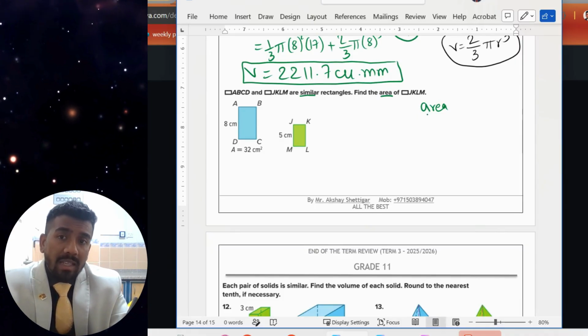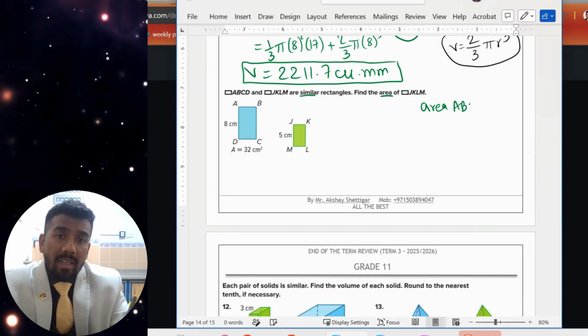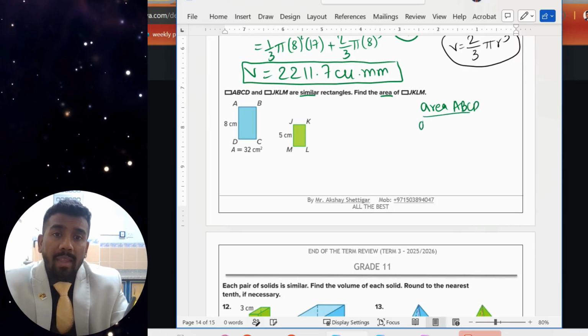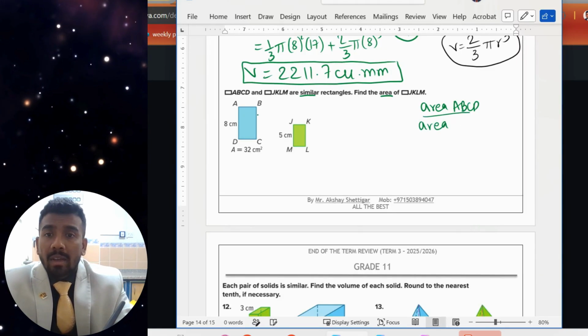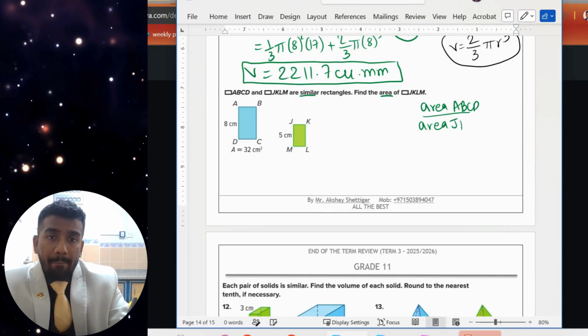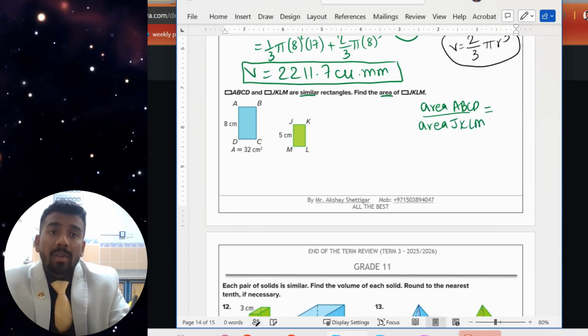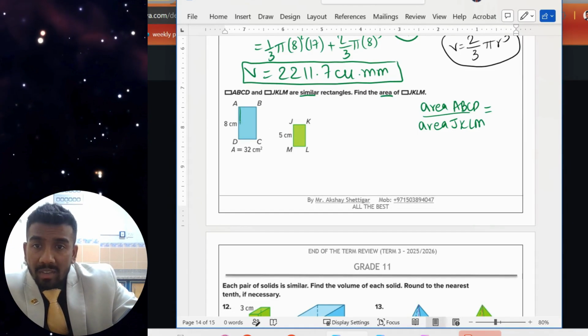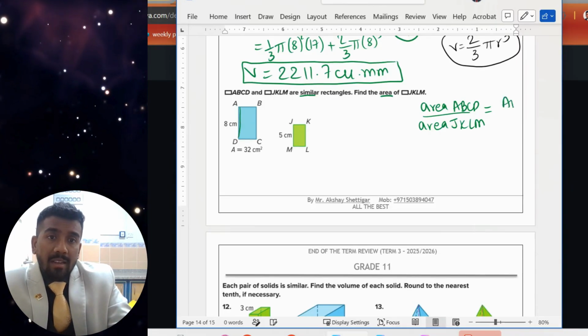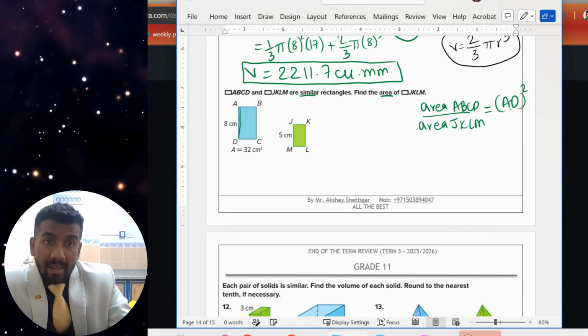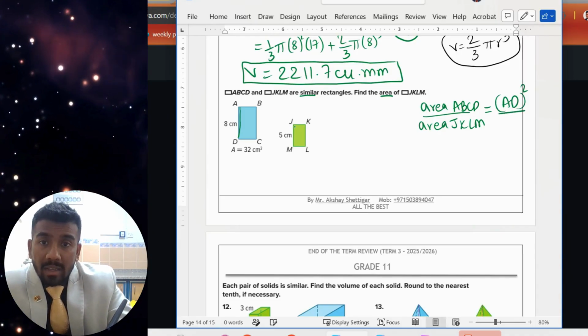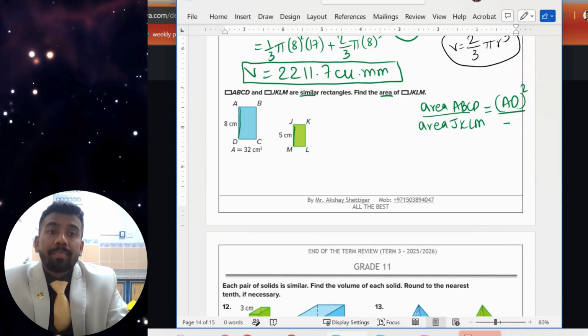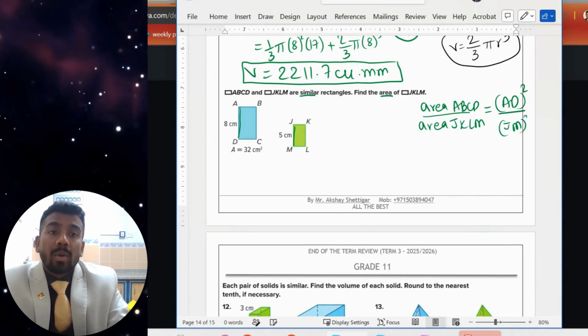Area of ABCD over area of JKLM will be equal to, take any side, the one whose value is given, AD squared over the other corresponding side, JM squared. So that's the formula.